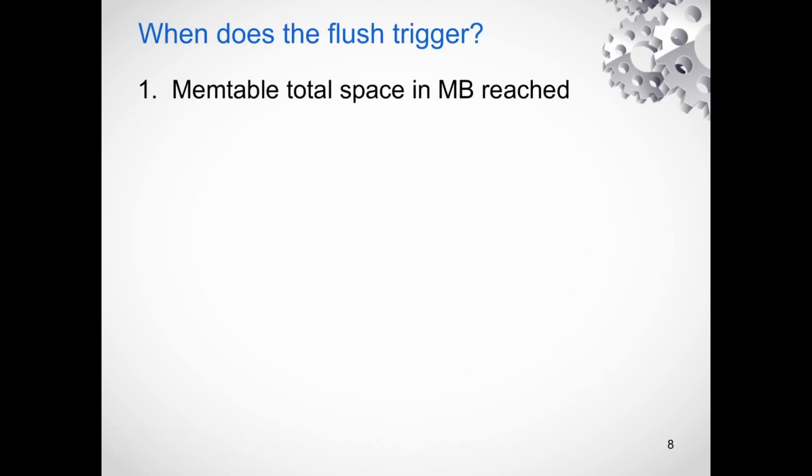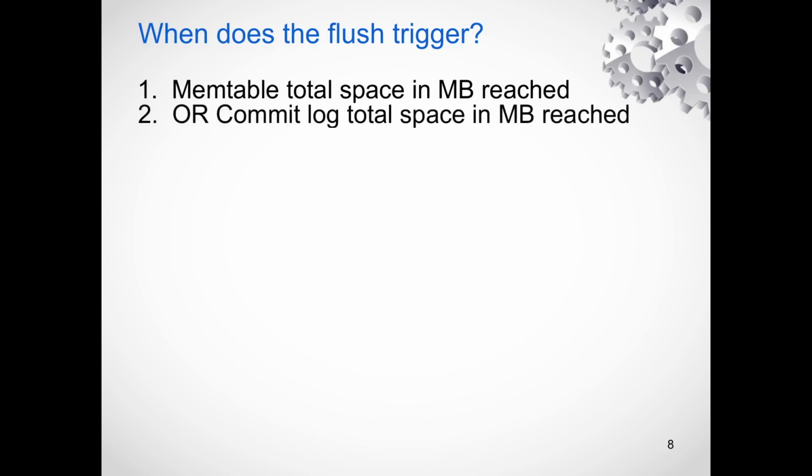triggers. First thing is memtable total space reached. That means the memtable is full. When this happens, Cassandra will initiate a flush. Second, commit logs total space in MB reached. In this case as well, because there is nothing else to append to, we are running out of disk space. Well, we've got to free up.